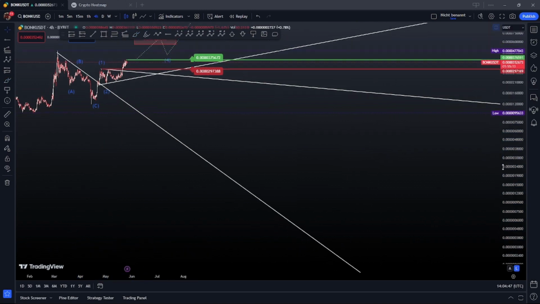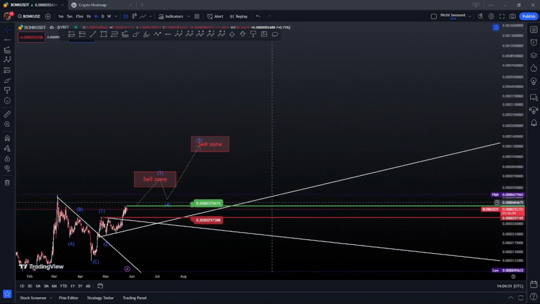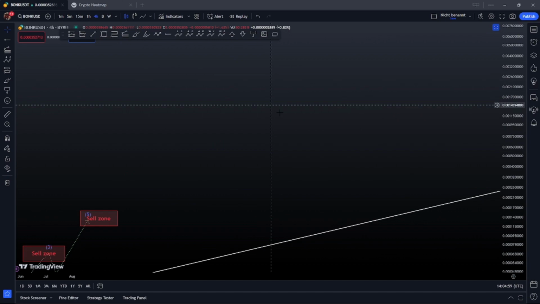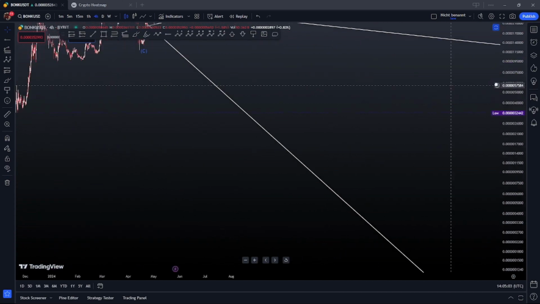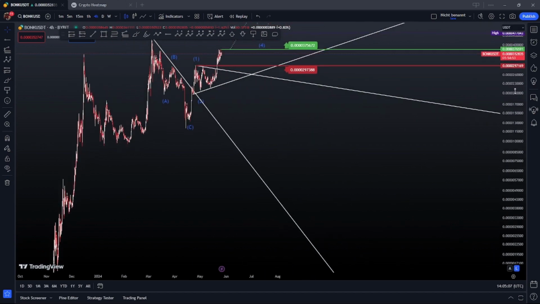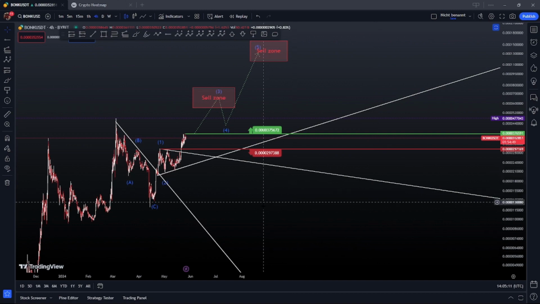So we should definitely be careful, but I think because we are in a bull cycle and we are going to be in an altcoin season soon, it's a very possible thing to move up to here. Of course, in time, this will take around 1 to 2, maybe even more years.